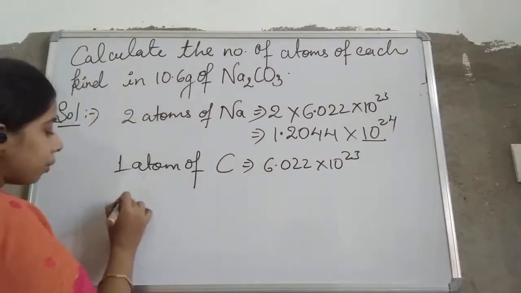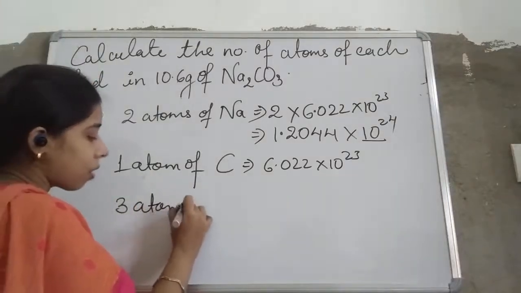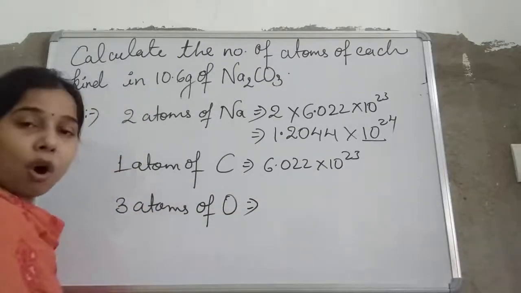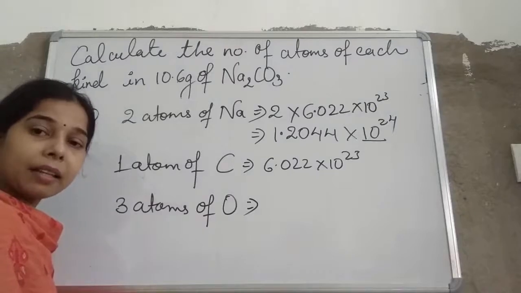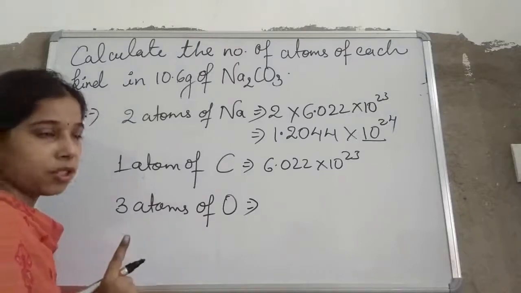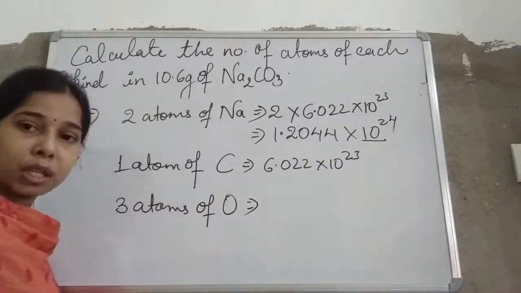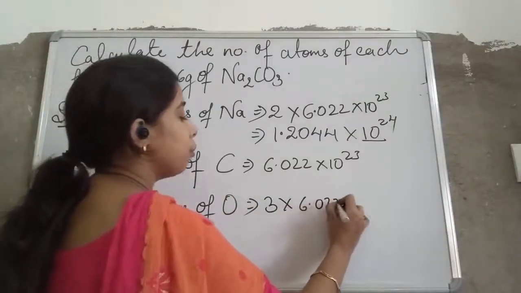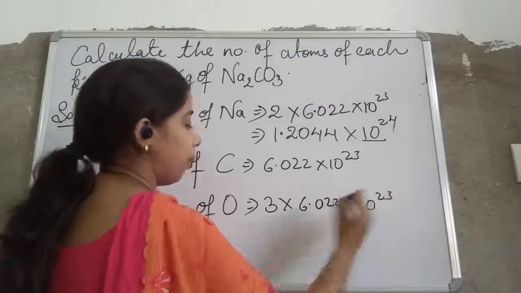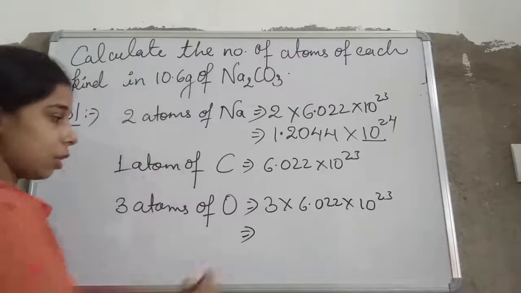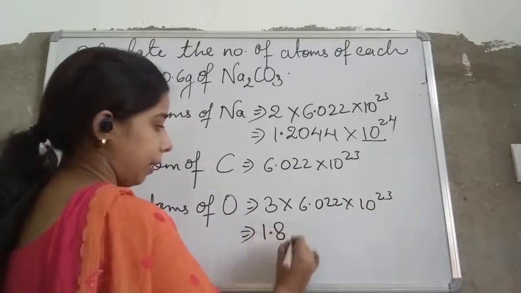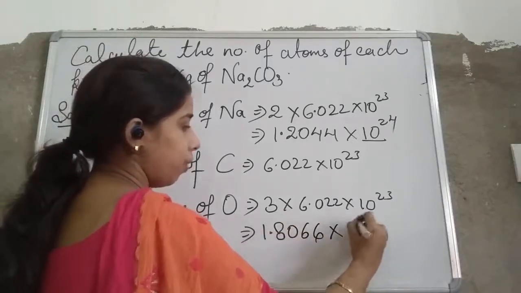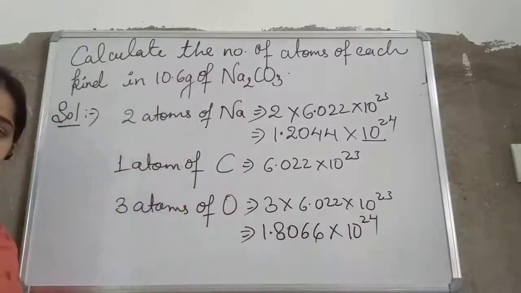Now if we talk about the three atoms of oxygen, the number of atoms of oxygen is 3 and the number of particles in one atom of oxygen is 6.022 into 10 the power 23. So we multiply 3 into 6.022 into 10 the power 23. This will come to 1.8066 into 10 the power 24.